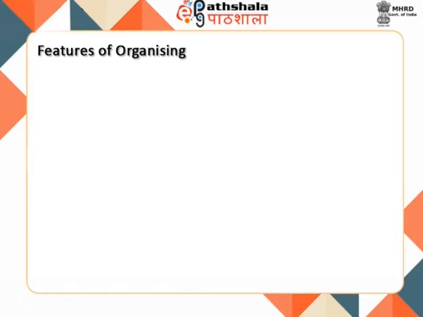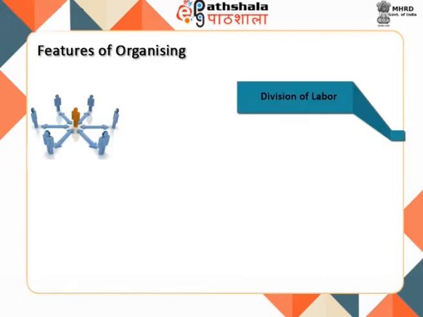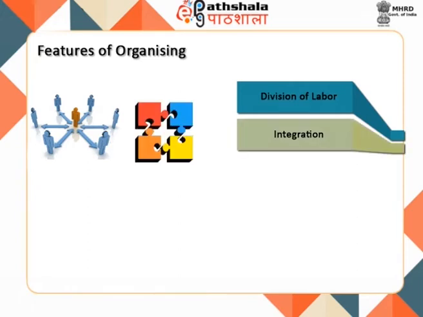On this basis, let us understand the basic features of organizing. These are division of labor, which means that the organization is divided into certain parts or divisions to get the work done in a systematic order. Integration.